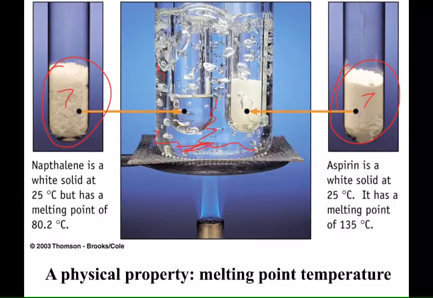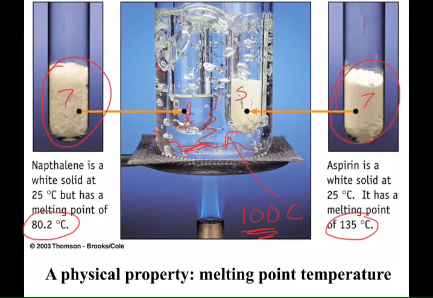We know that water bath temperature is 212 degrees Fahrenheit, or 100 degrees Celsius. Naphthalene melts at under 100 degrees Celsius, and aspirin melts at over 100 degrees Celsius. So you see the naphthalene liquefy and the aspirin stays a solid.